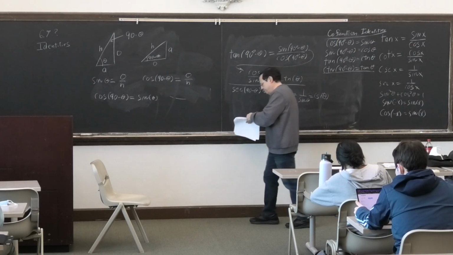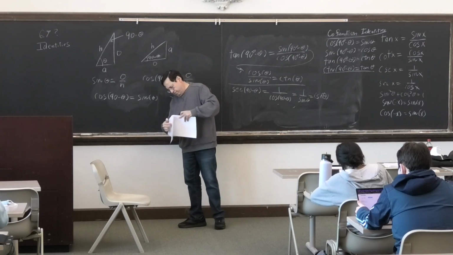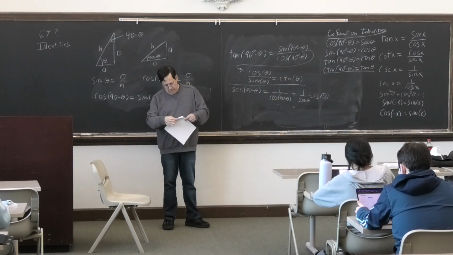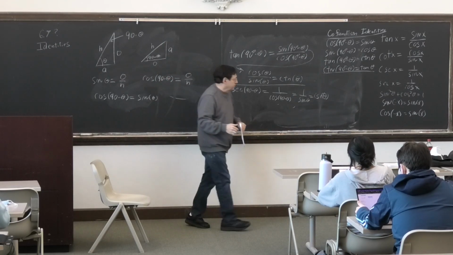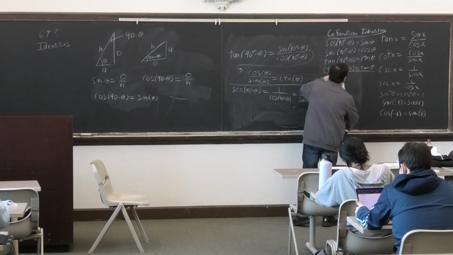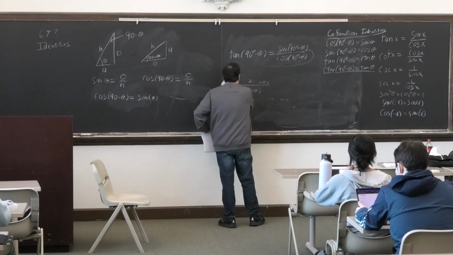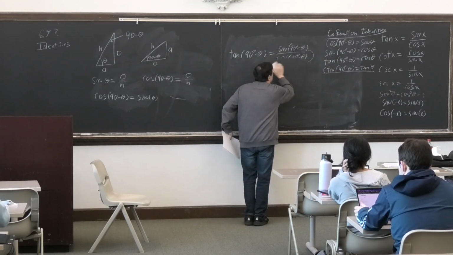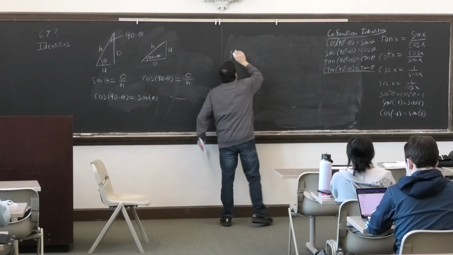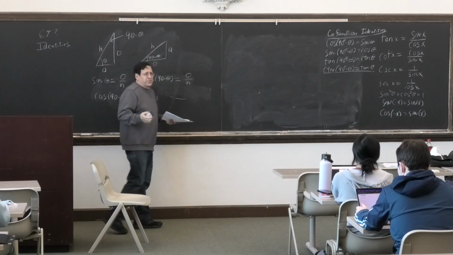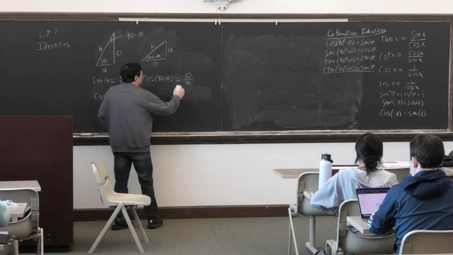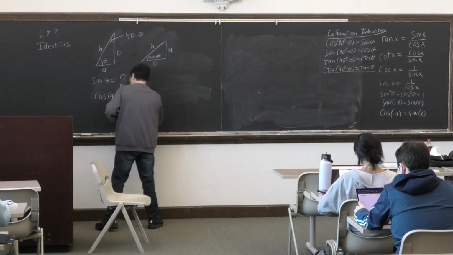All right. Now we have this nice toolkit here, and so now we can look at some not so obvious, but interesting identities.